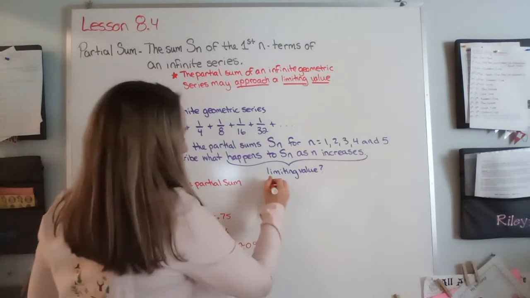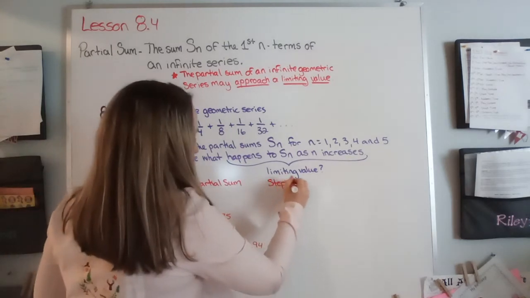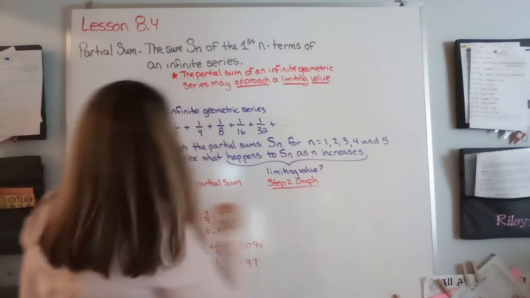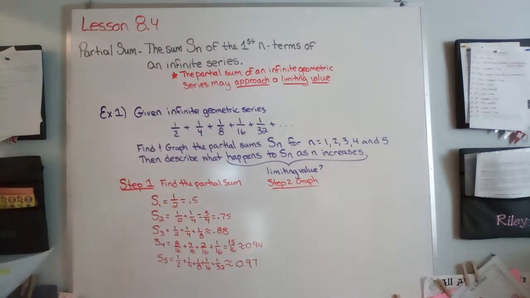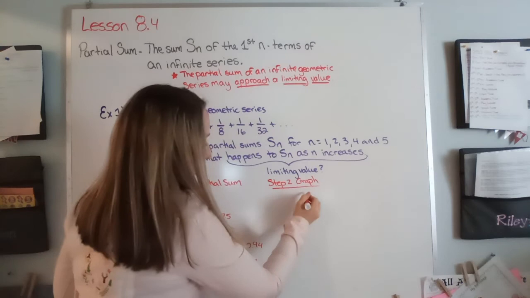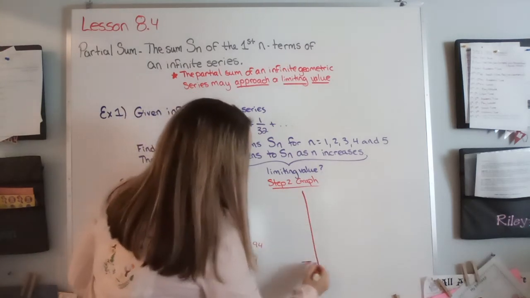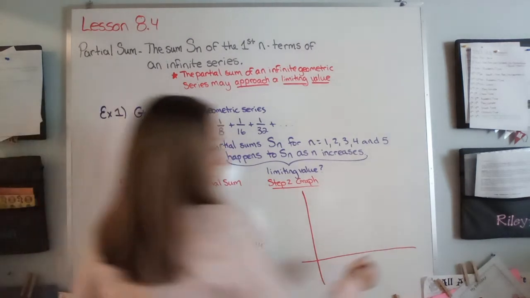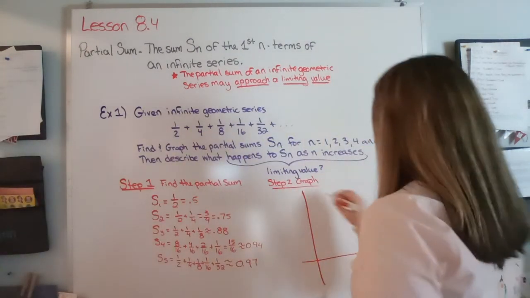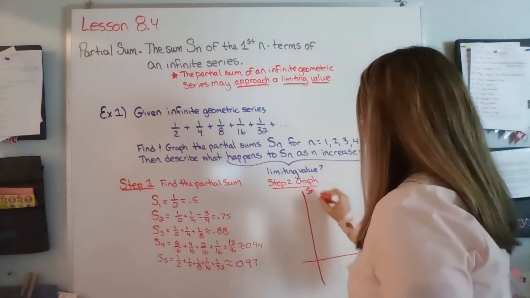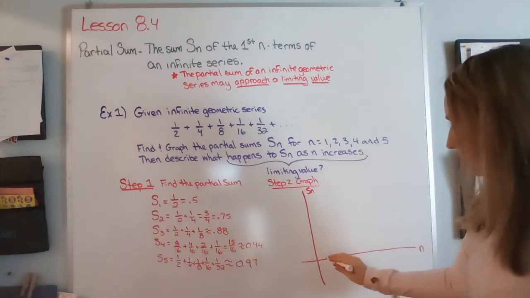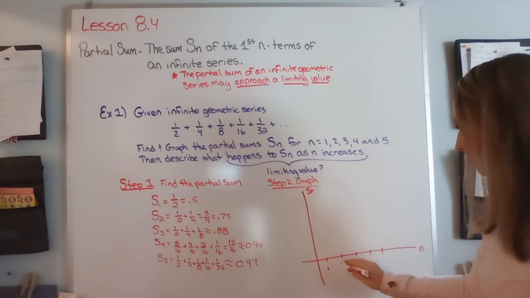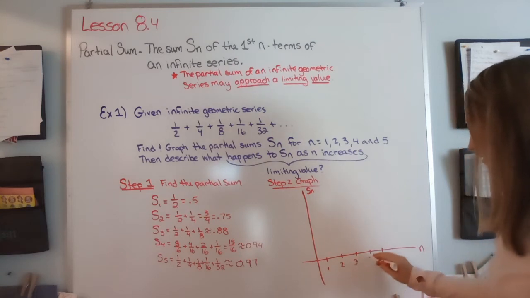Step 2 is to graph. When I go to graph, I'm going to set up my XY axis. I'm going to have n as my x-axis and S sub n as my y. So I'm talking about 1, 2, 3, 4, and 5 being the n values.